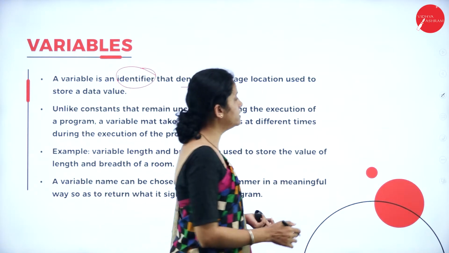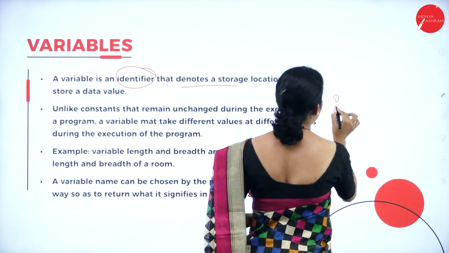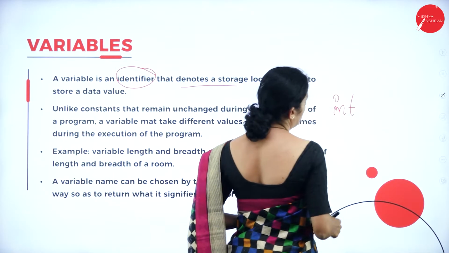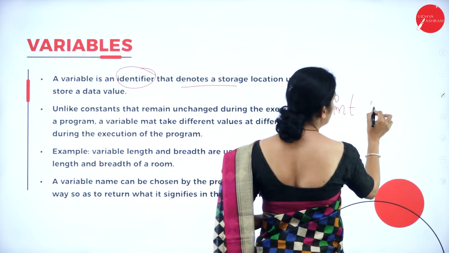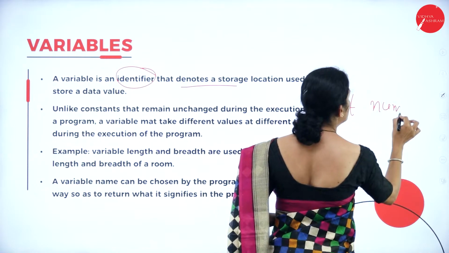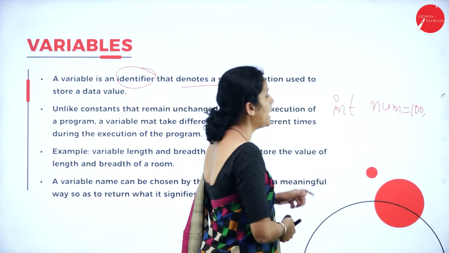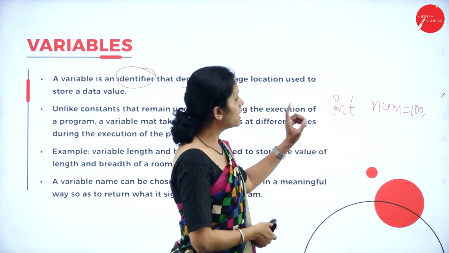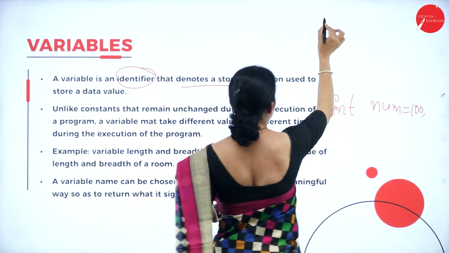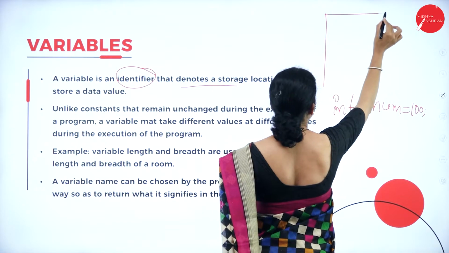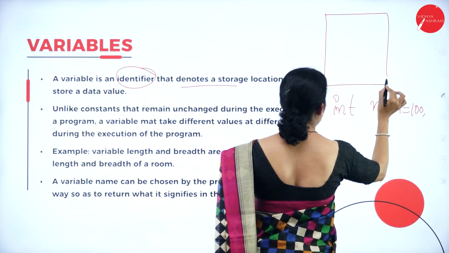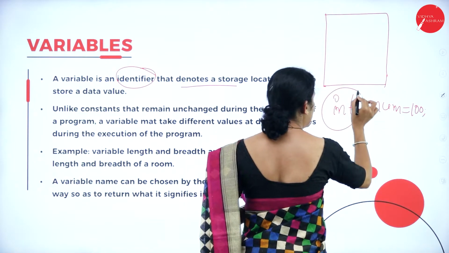Now, dear student, think that I have a variable declaration, that is int number = 100. When I write this statement, the compiler is responsible for allocating the memory. And what is my data type here?